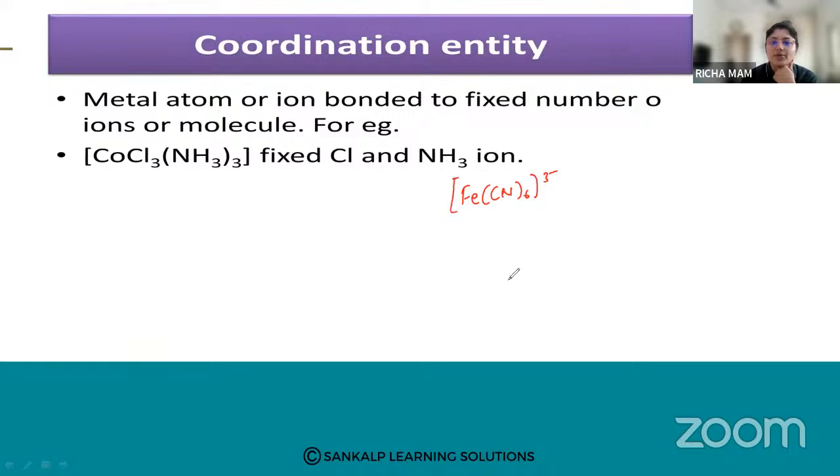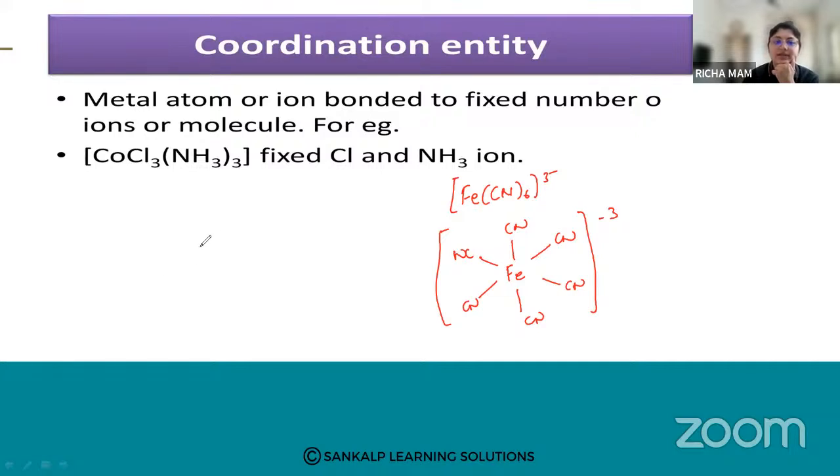How would we write this? Fe in the center, 1, 2, 3, 4, 5, 6, so CN, CN, CN, CN, CN, and CN, with a 3- charge. So here the metal atom or ion which is bonded to a fixed number of ligands is called the coordination entity.